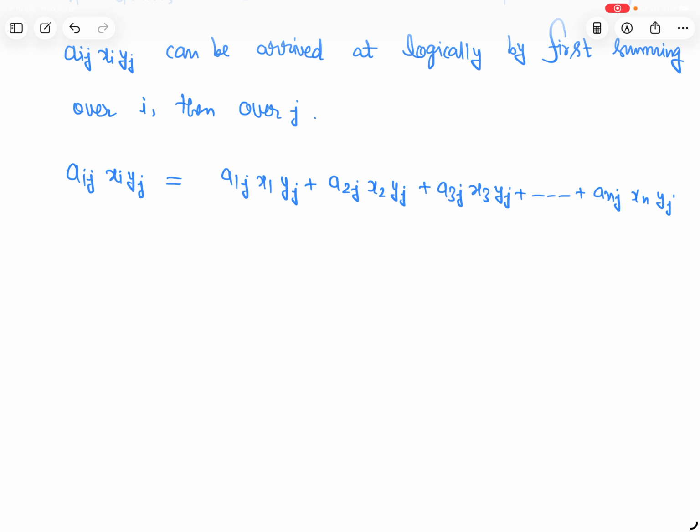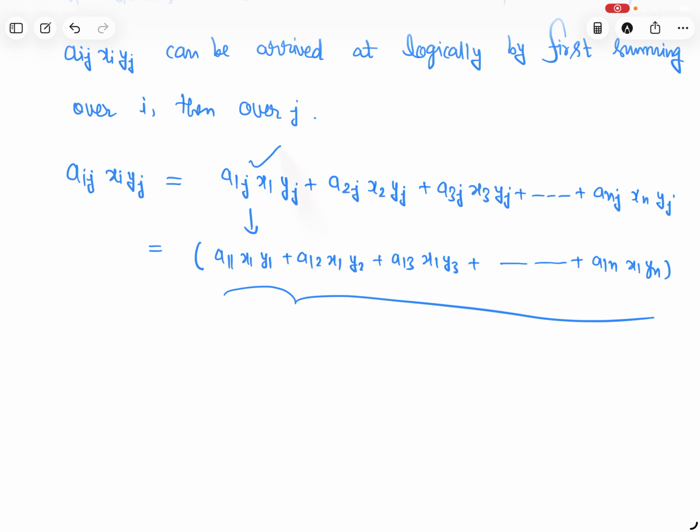Now we have to take summation over j. What is the meaning of this term? So I am writing this part here. A11 x1 y1 plus A12 x1 y2 plus A13 x1 y3 plus ... A1n x1 yn. So this I wrote only for this one.